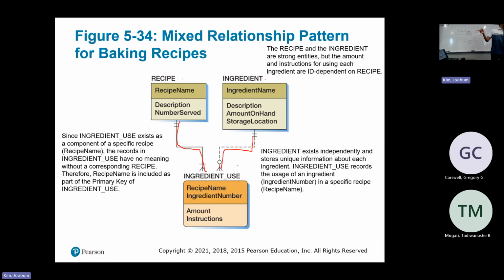In order to identify the relationship, you have to understand the business logic, the business environment carefully. Think about ingredients and the recipe, for example, to make a cookie. To make a cookie, I'm not sure, but egg is necessary, right? Am I right? So I'd like to make a cookie, and the ingredient maybe egg. So recipe and egg are two different strong entities.